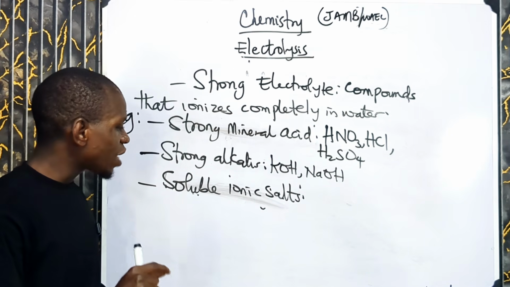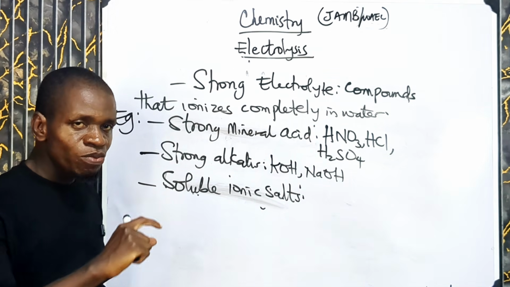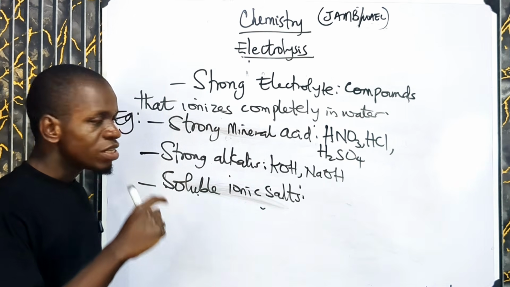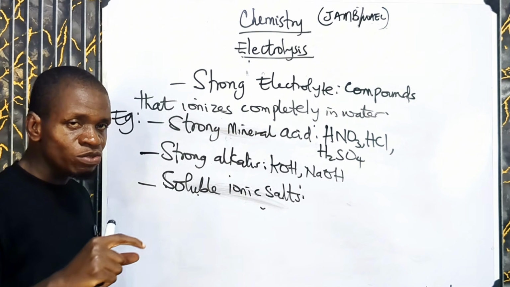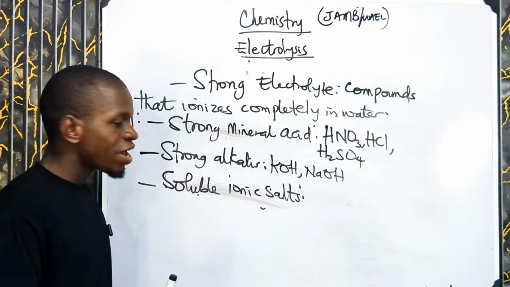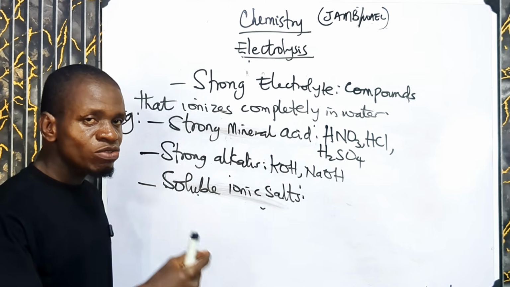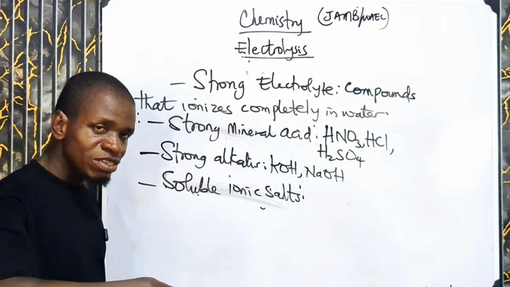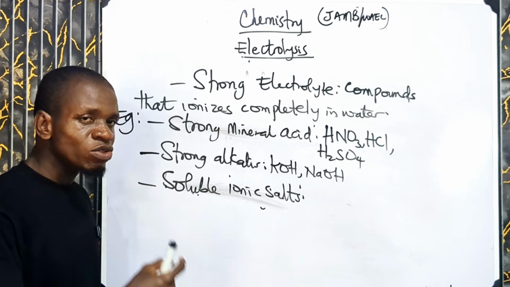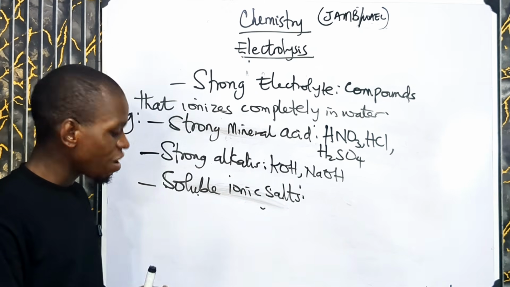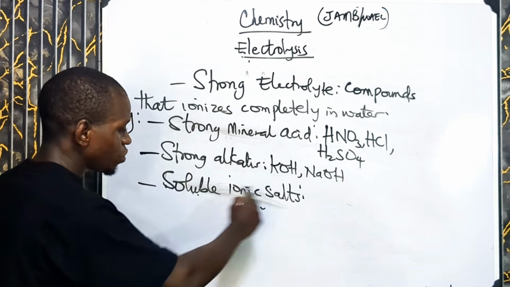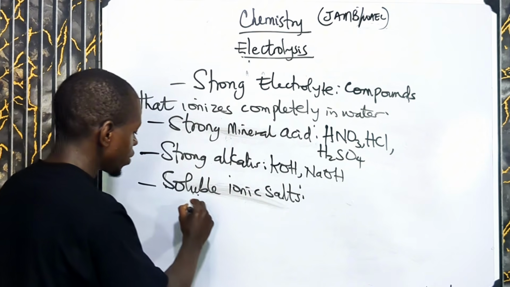Whenever you look at that question and you discover that the compounds they give to you in the options have potassium, sodium, and ammonium in them, if they have these three, then how do we know that this is soluble?